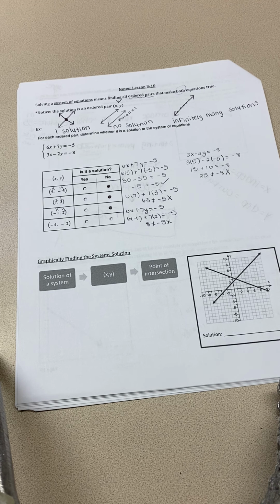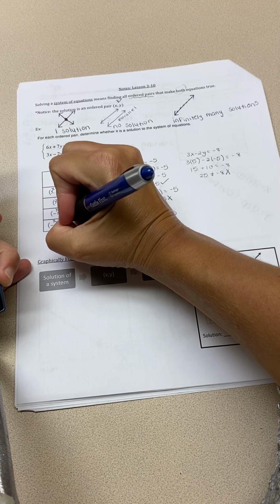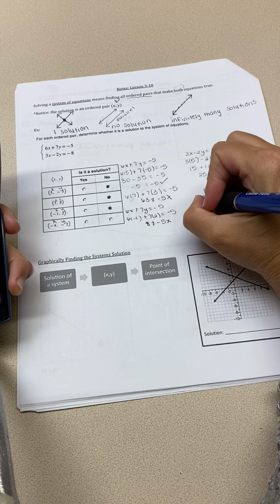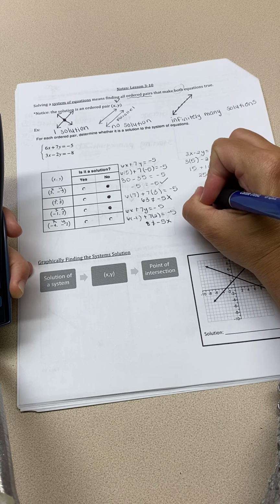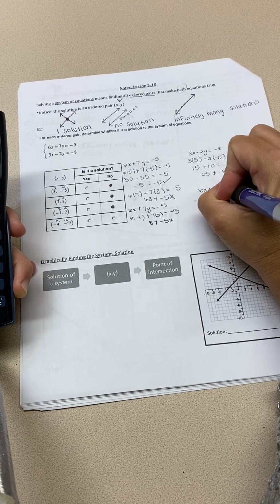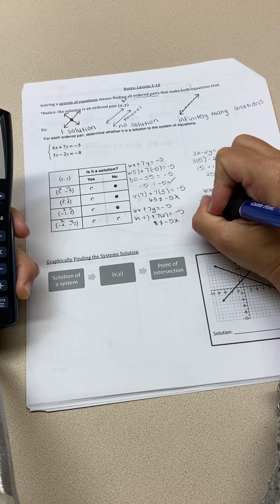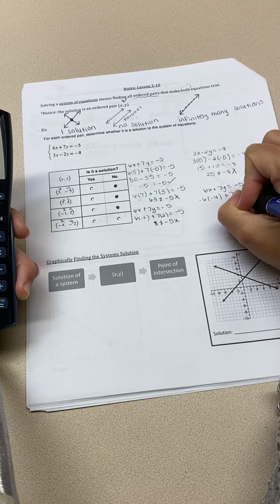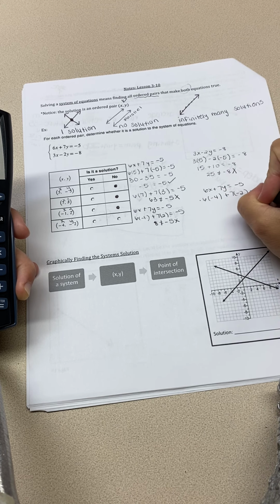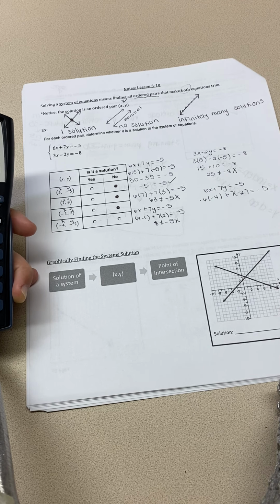Last but not least, -4, -2. x is -4, y is -2. Plugging into our equation, 6x plus 7y, does that equal -5? That's the question. Plugging in -4 for x and -2 for y, we get 6 times -4 plus 7 times -2.